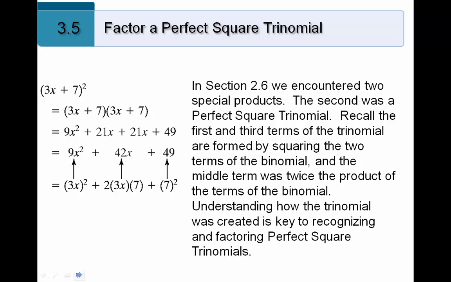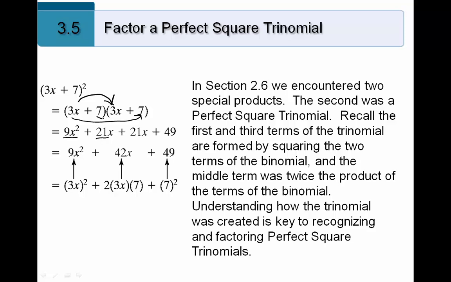So let's just look at this example on the left. We have 3x plus 7 squared. So that means we're multiplying a binomial times itself, or we're squaring the binomial. So we could FOIL this. Notice when we do F, 3x times 3x is 9x squared. That's a perfect square. Then we do our outer. 3x times 7 is 21x.